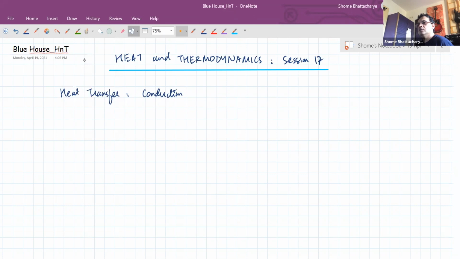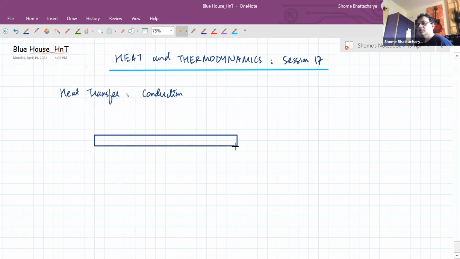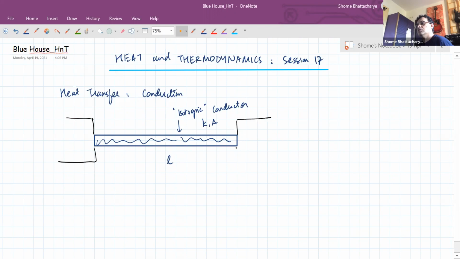And we saw that if we have a generic type of heat conductor, an isotropic conductor, like a metal of uniform nature, it has a thermal conductivity K, a cross-sectional area A and length L. And we subject it to a situation where it is placed across a temperature gradient through two constant temperature reservoirs, and it is of course insulated from outside.